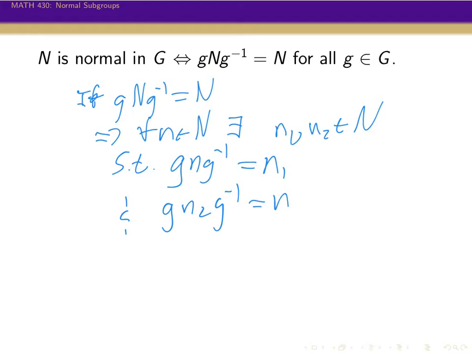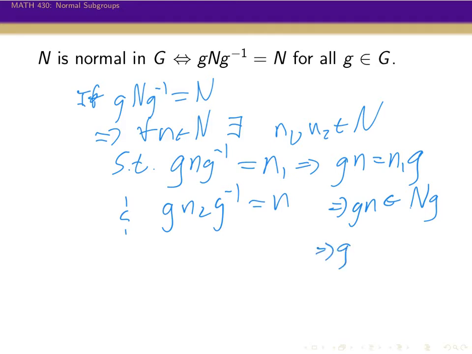And so the first one tells us that gn is equal to n1 g, and this tells us that gN is inside Ng. So we have that gN is a subset of Ng.